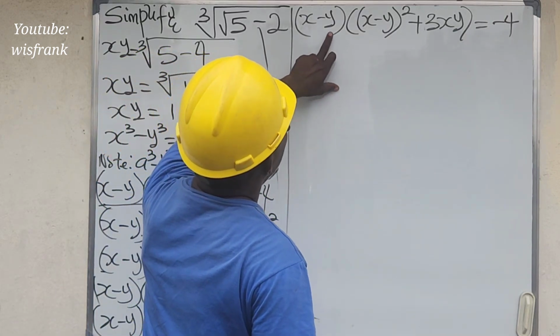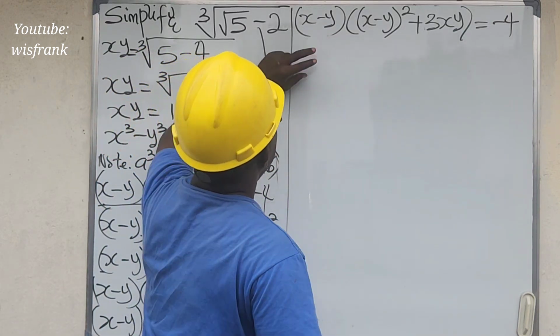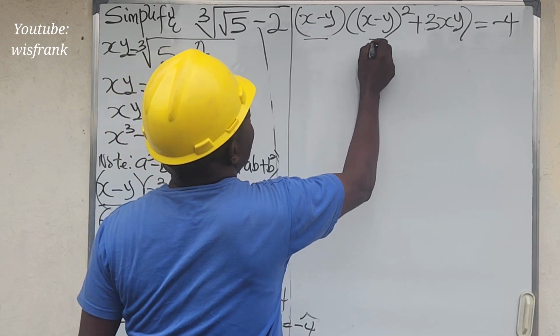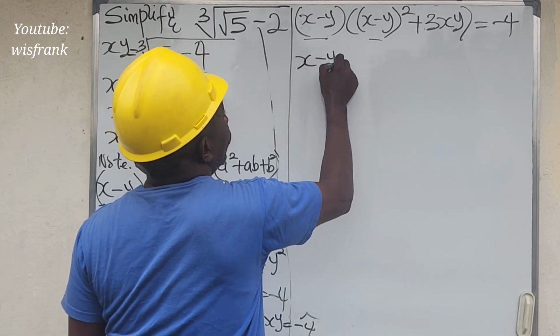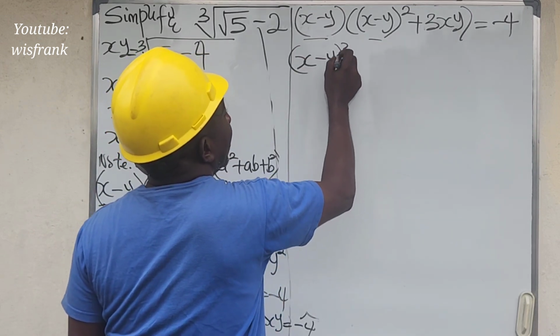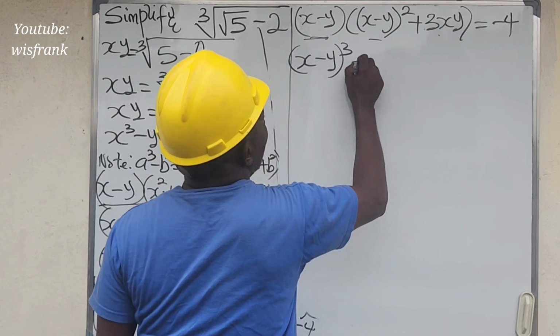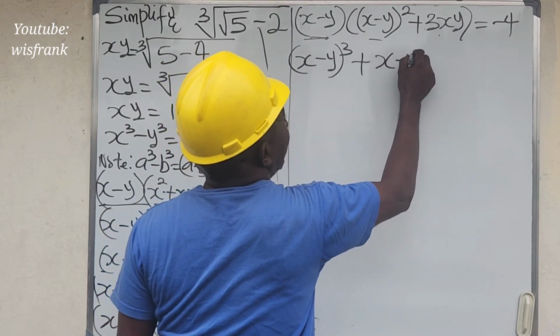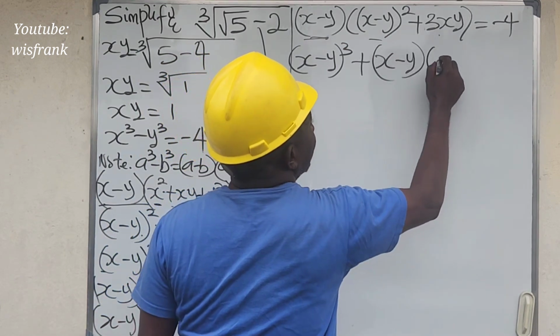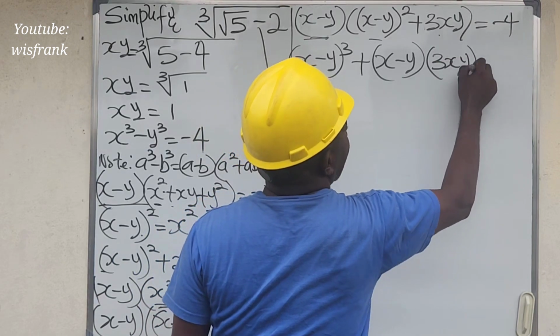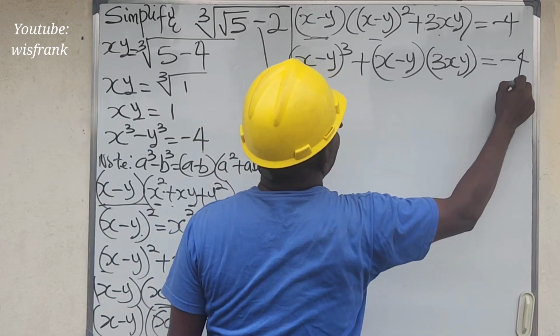So here we can expand this. Expanding this times this will give us x minus y all to the power of 3. Then this times this will give us plus x minus y, then times 3xy equals to minus 4.